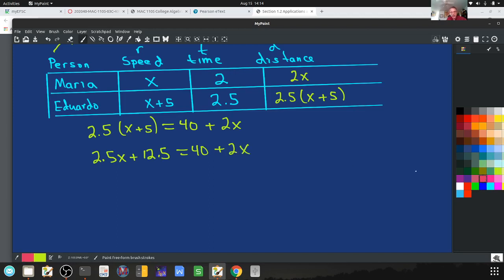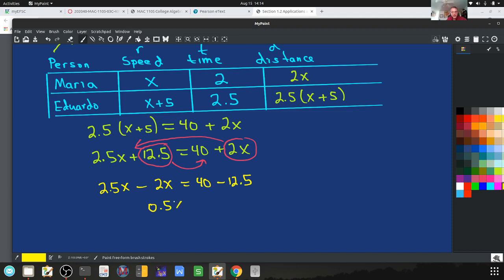So what I'm going to do is move the 2x over here and the 12.5 over here. So 2.5x minus 2x is equal to 40 minus 12.5. 2.5x minus 2x is 0.5x.